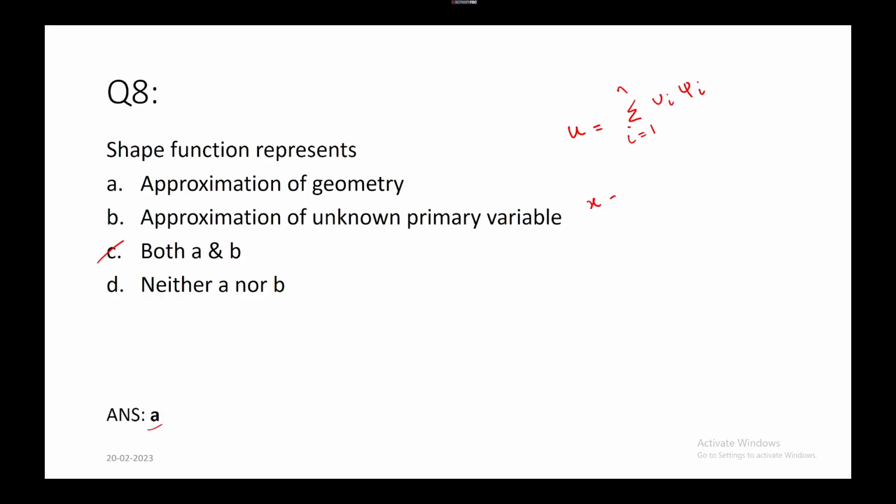And you are going to again approximate x as the sum over j equal to 1 to n of x_j psi_j. In both cases you can see some approximation function is used. These can be called approximation or interpolation functions.